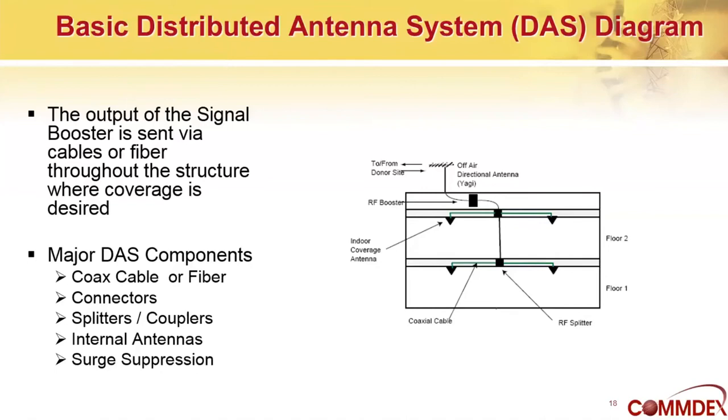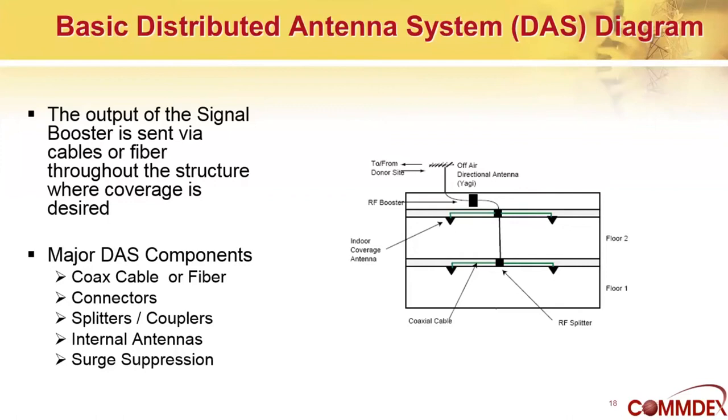So here's the diagram that shows what goes on inside the building with a distributed antenna system. Again, the signal comes in from the donor antenna, goes into the booster or BDA amplifier, is distributed either by cable or fiber throughout the building, and is then distributed through splitters on each floor, in each room in the building, to antennas throughout the building.